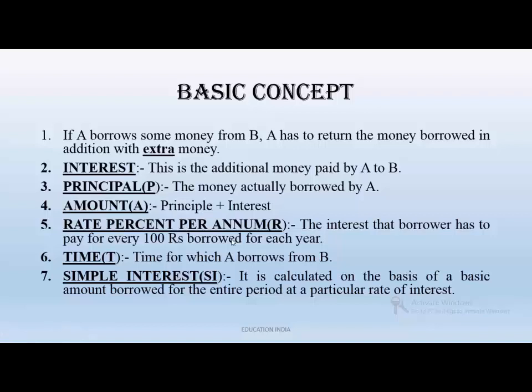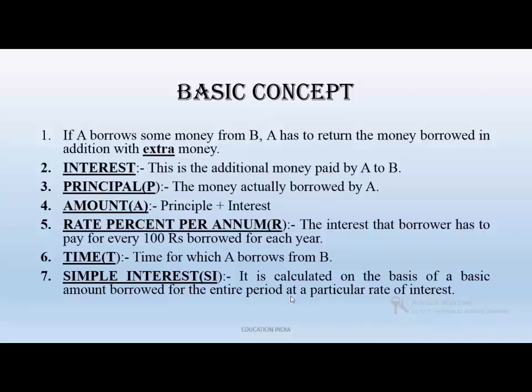Now for the next 1 year also, the principal on which the interest will be calculated should remain constant at 100 rupees. So the total amount that A needs to return will be 100 principal amount, 10 rupees for the interest at the end of the first year, along with 10 rupees for the interest for the second year. So the total amount to be returned is 120 rupees.